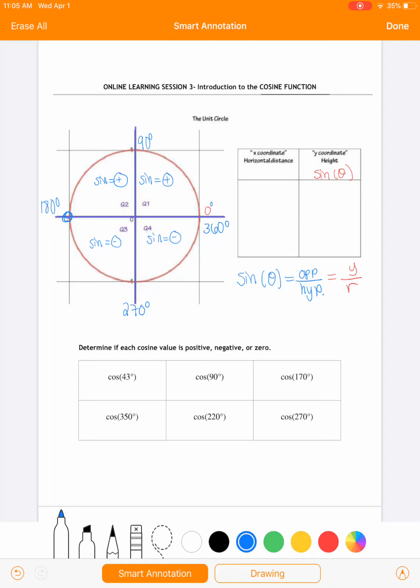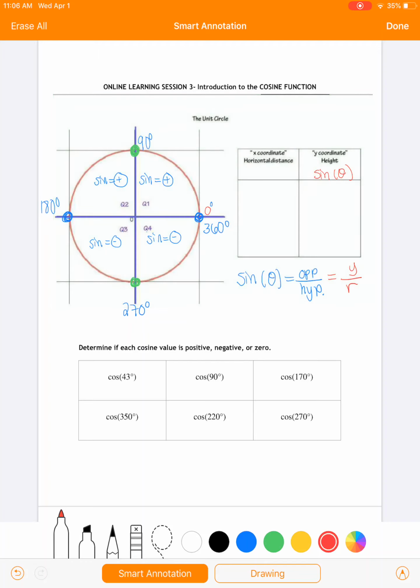And then we had two special spots where sine was equal to 0, where you hadn't moved up or down, and that happened at 0 degrees, 180 degrees, and 360 degrees. Our other special points were at 90 degrees, because that was the highest that sine could be, and at 270 degrees was the lowest that sine could be.